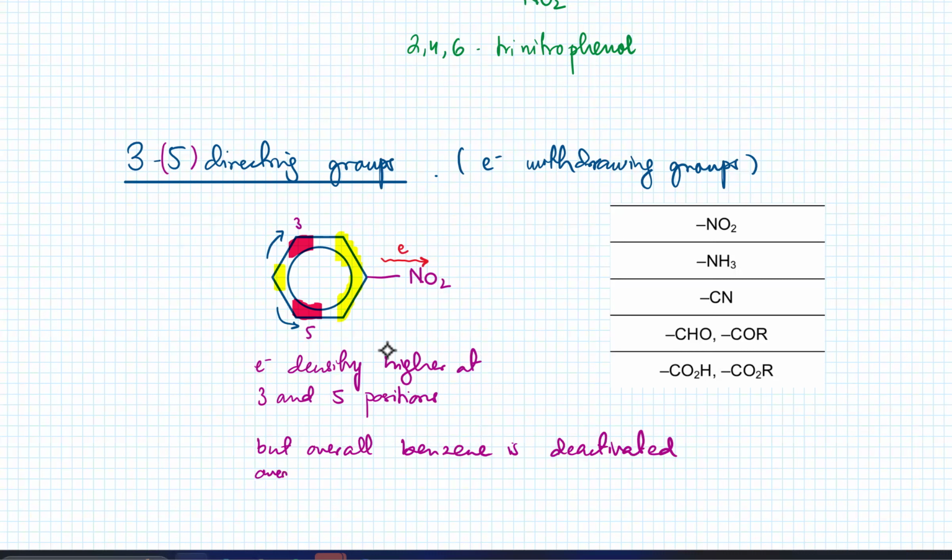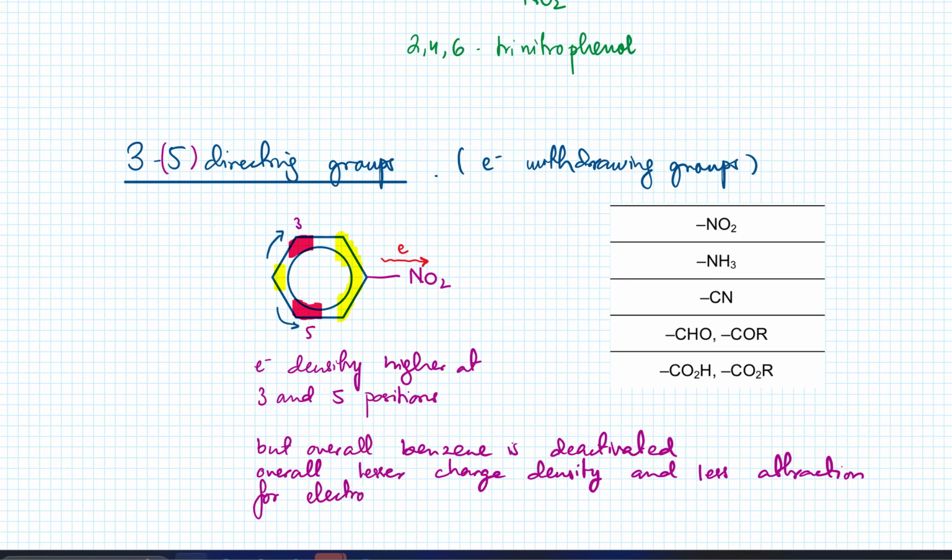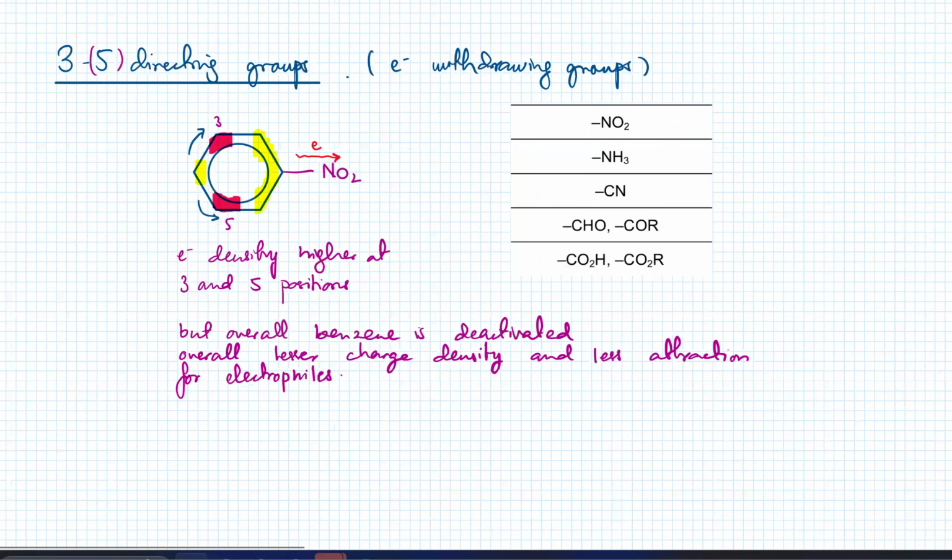So overall, the charge density is lower, and there is less attraction for electrophiles. So the reaction would become much slower, with less attraction for electrophiles. Okay, so make sure you keep this in mind.